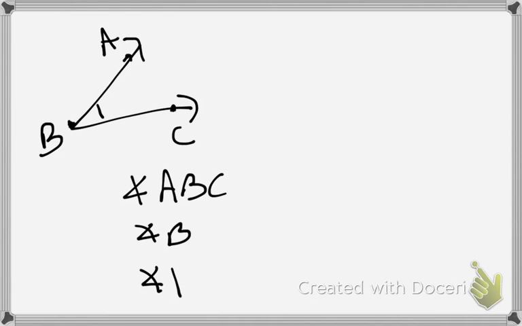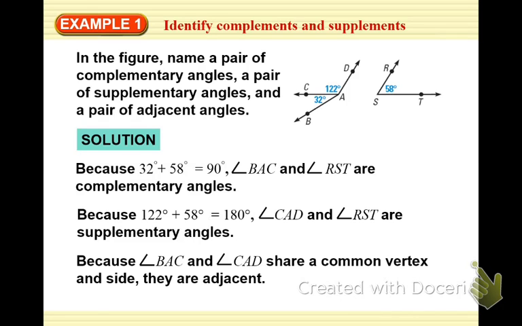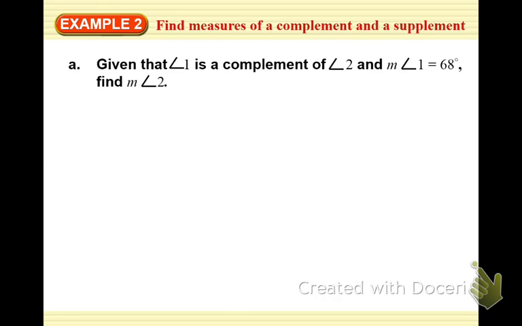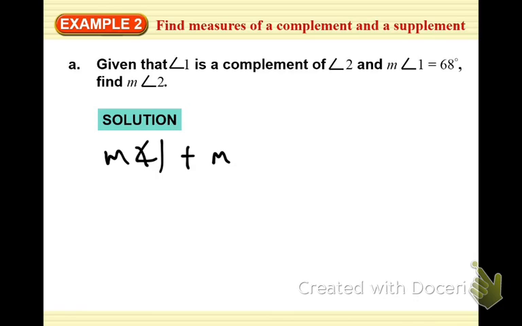Okay? That's what's going to happen in this next example. Okay? So given that angle 1 complements angle 2, and the measure of angle 1 is 68 degrees, then we can find the measure of angle 2. Should be no problem, right? We know that if they're complements, they have to do what? Add to 90. Okay?